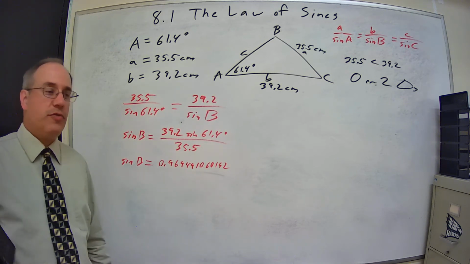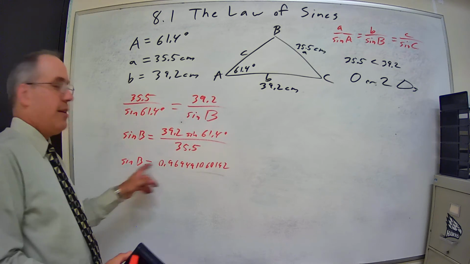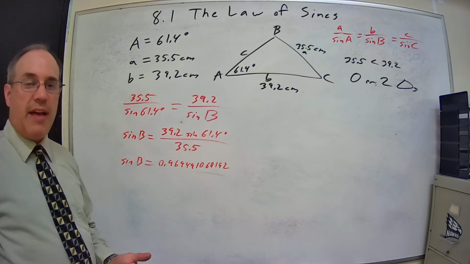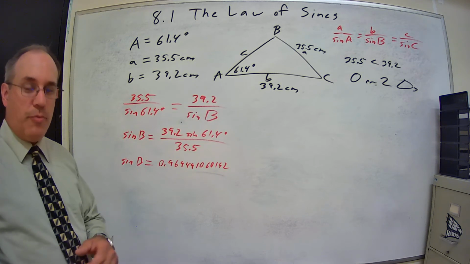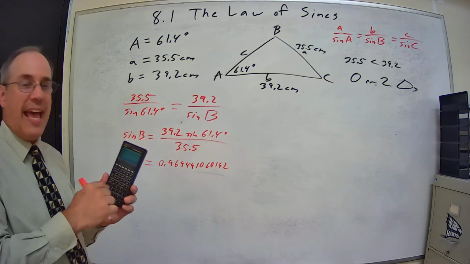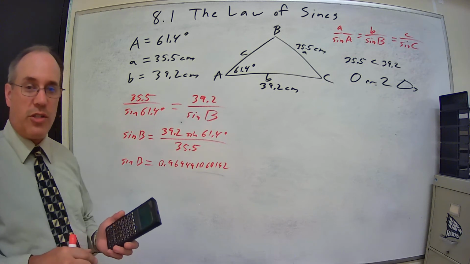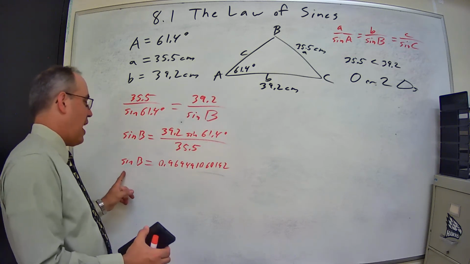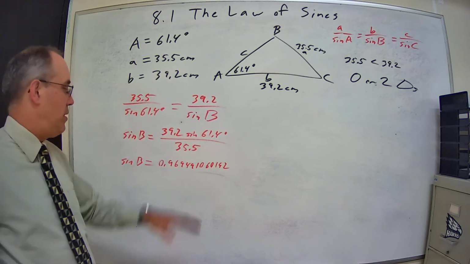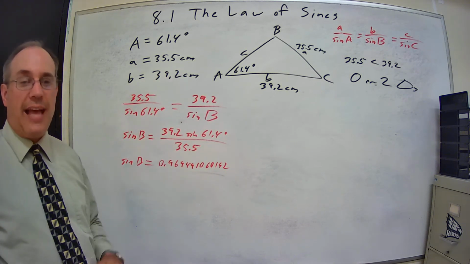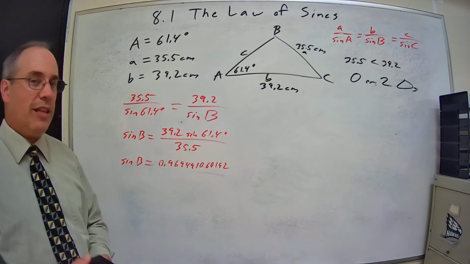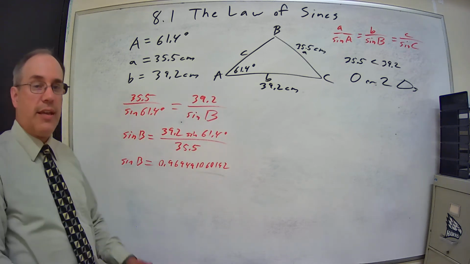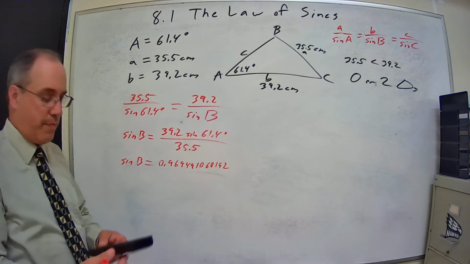Now, I would suggest keeping as many digits as possible. Optimally, once you've got that value, tell your calculator to take the sine of it directly. Many calculators have an answer key, meaning there's a button on it that says ANS, or a shift function on a button that says ANS, so it can actually take the answer. So you take the sine of answer, and you can use as many digits as your calculator will allow. Otherwise, use as much as you can here so you can get the angle as close as possible.